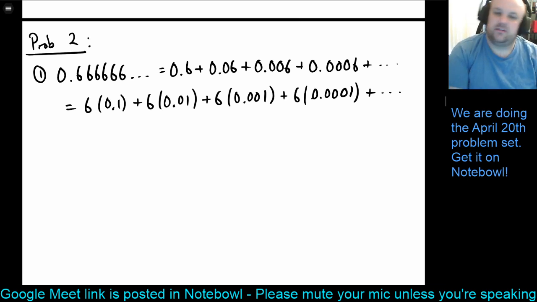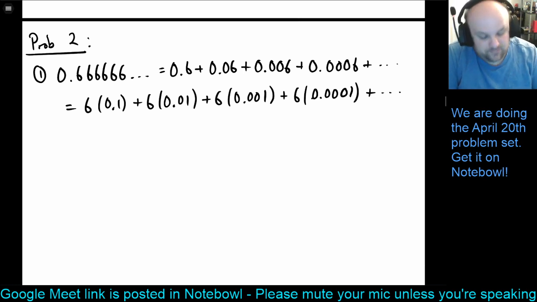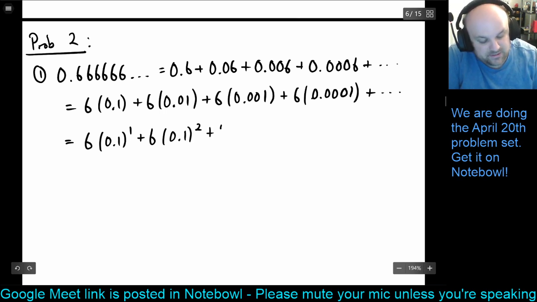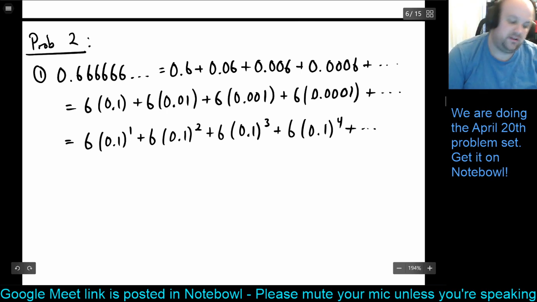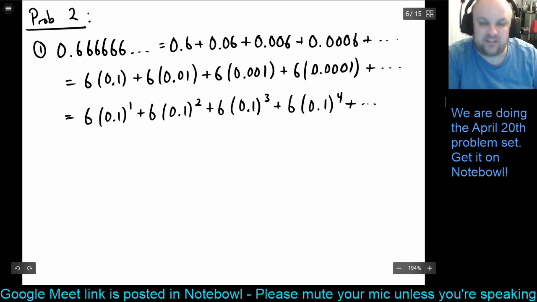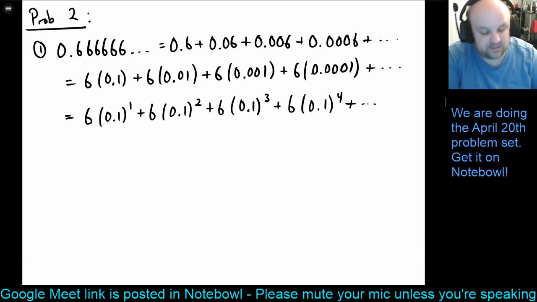Okay. So again, we're trying to break this down to the most basic pieces. Now here, so this is 0.1 to the 1. Here, this is 0.1 squared. This next one is 0.1 cubed, and so on, right? 0.1 to the 4th.